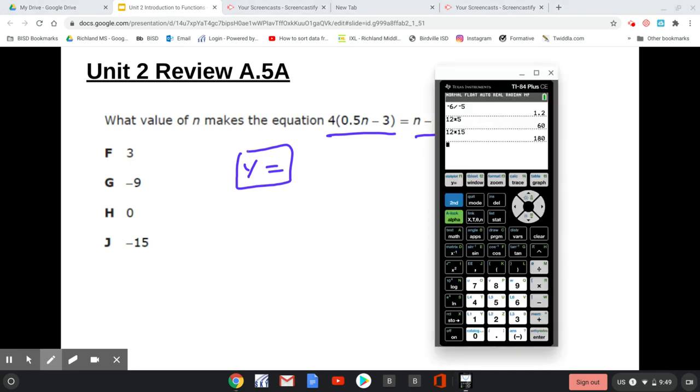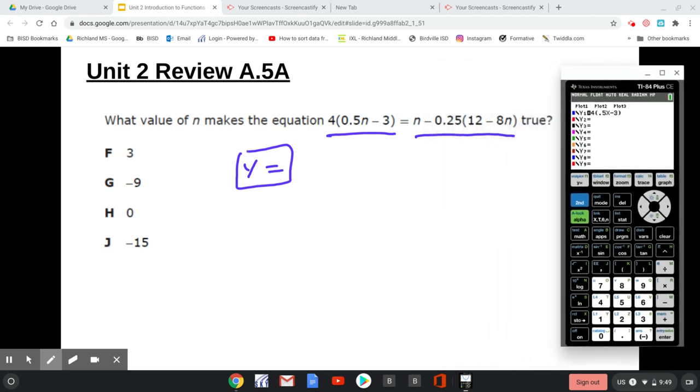I have y equals 4 times 0.5x minus 3, parentheses, enter, and now I'm going to put in the other side.